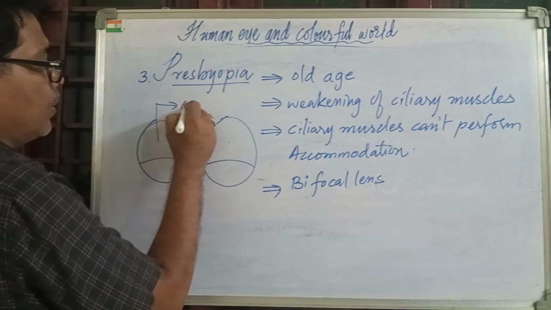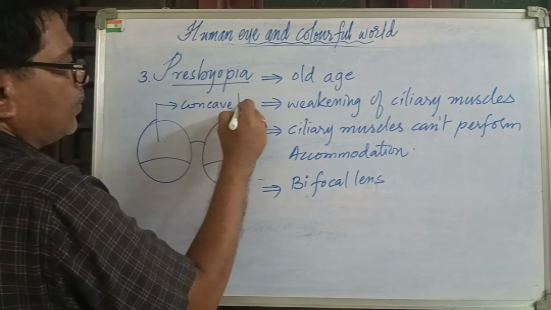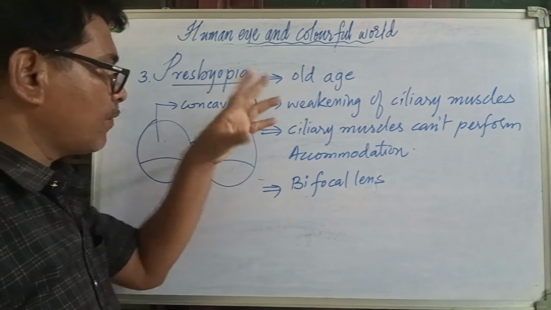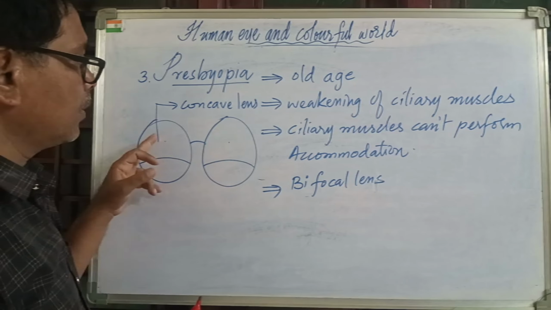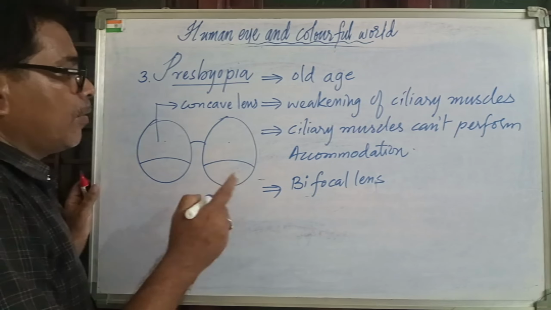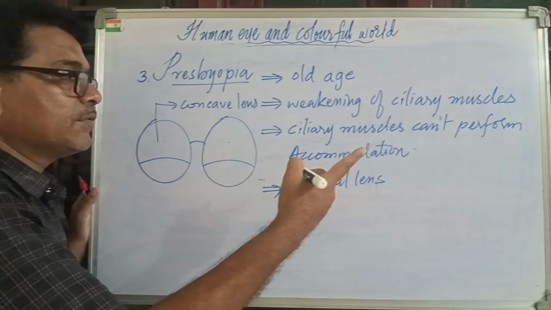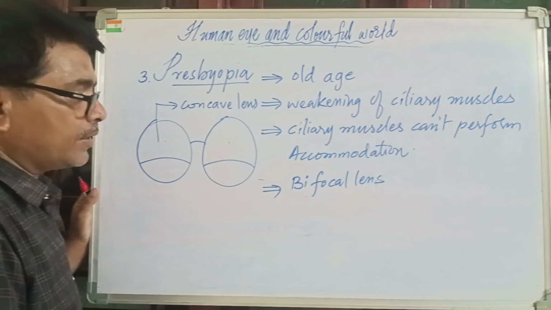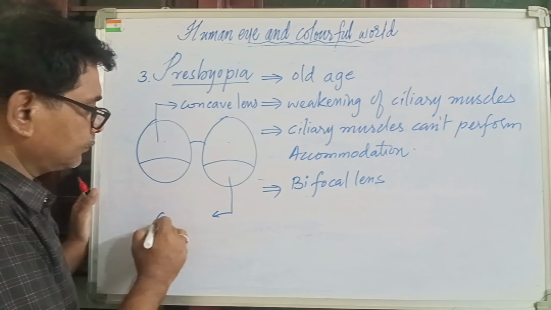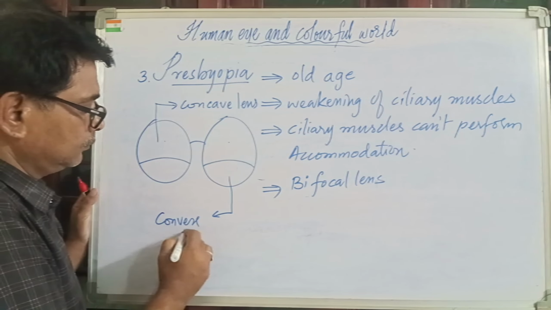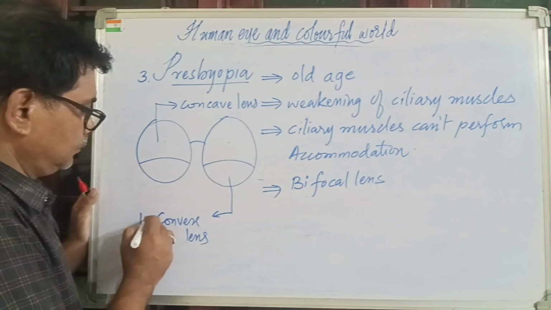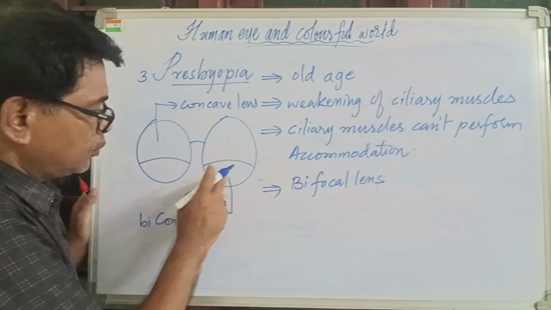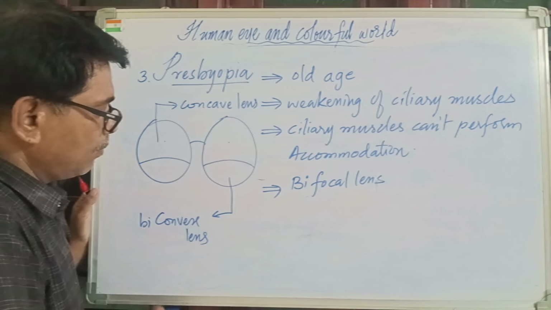So the concave lens will be here, because a myopia patient can see near objects but cannot see far objects. For hypermetropia, we can see far objects but cannot see near objects. The correction was by convex, therefore you find convex here. To see near objects, we generally use this part, and it is corrected with a convex lens.